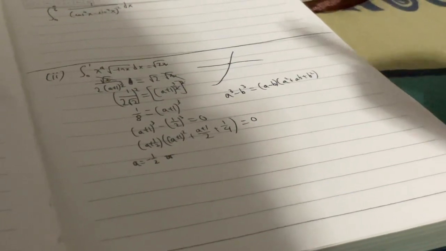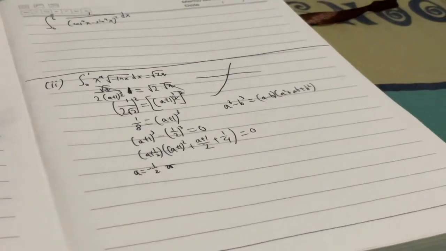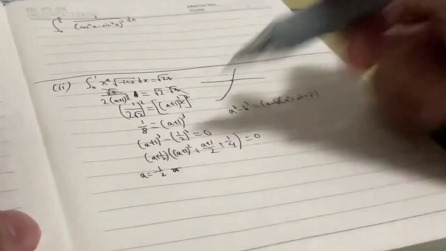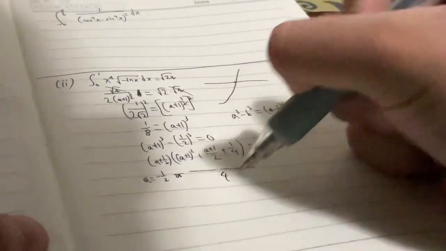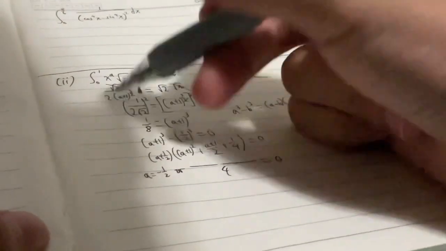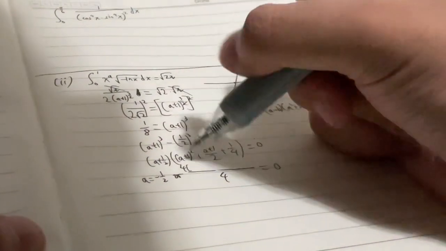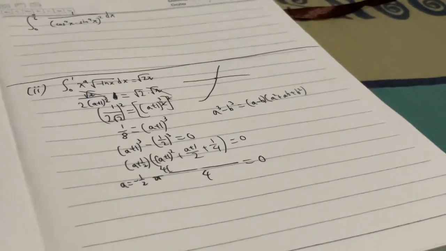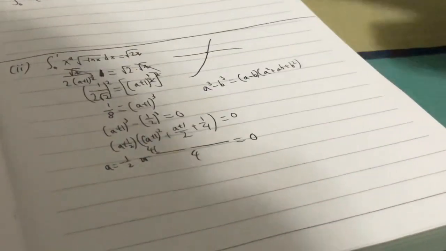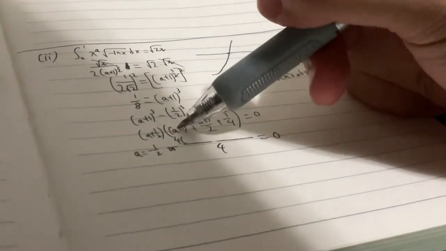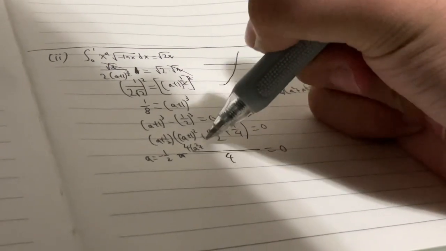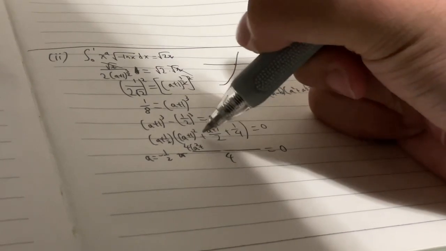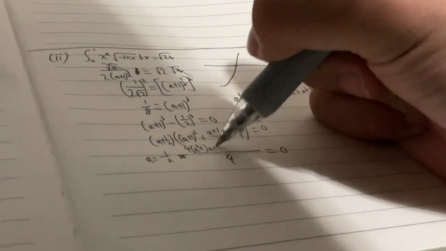So how can we do this though? Multiply by 4, and then do more. 4 is equal to 0. We multiply by 4 because we're going to get the same denominator, right? So here, let me do it really quick. Expanding this, you can get a squared plus 2a plus 1.